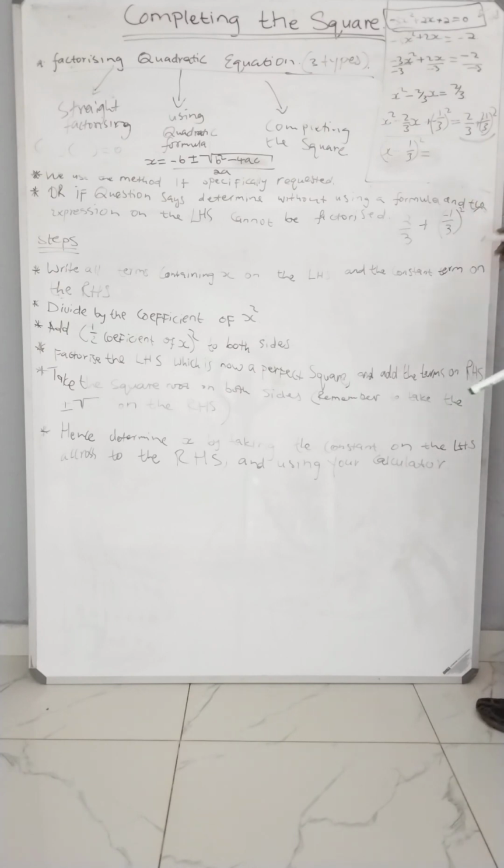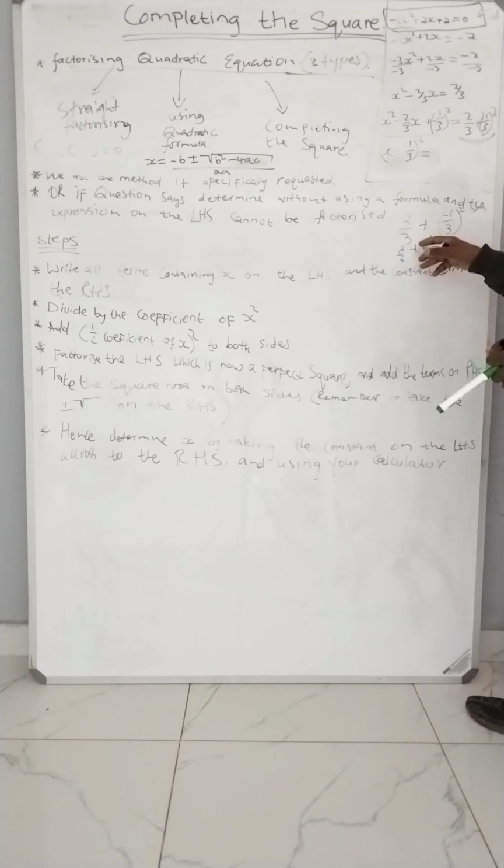Okay, now you're gonna remain with 2 over 3 here, plus minus 1 squared is 1, and then 3 squared is 9. Okay, this is the laws of exponents. We'll get to it.